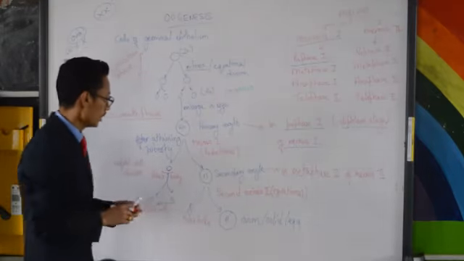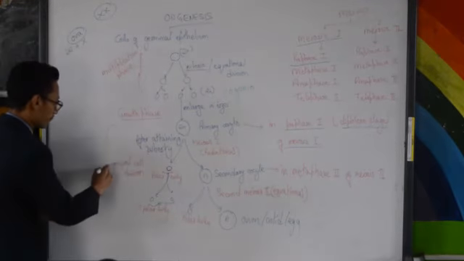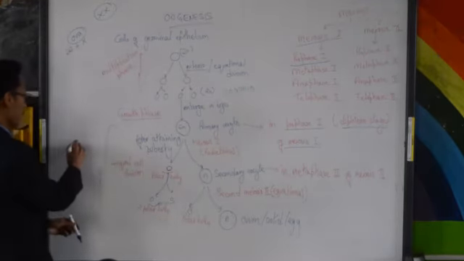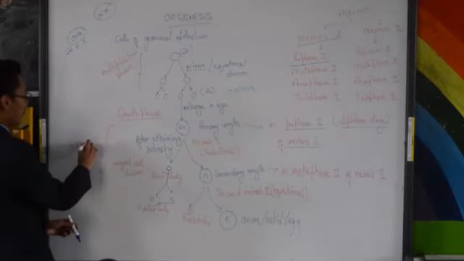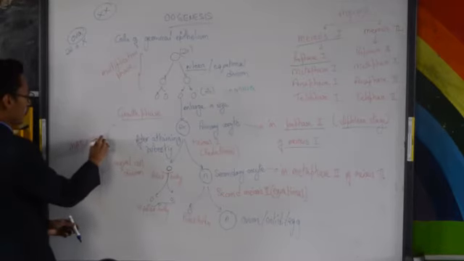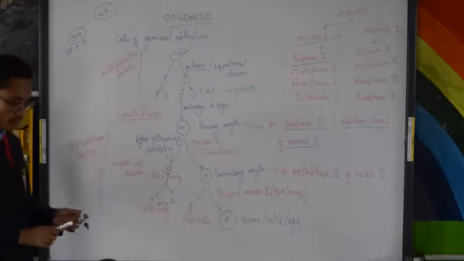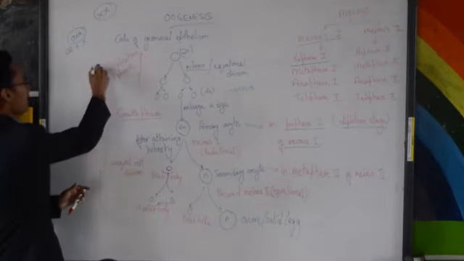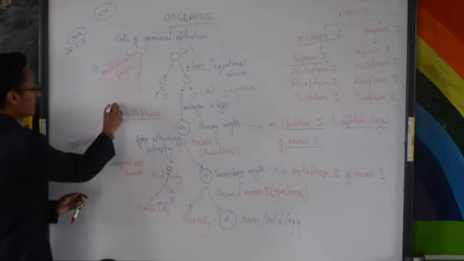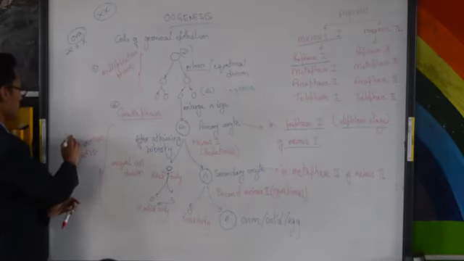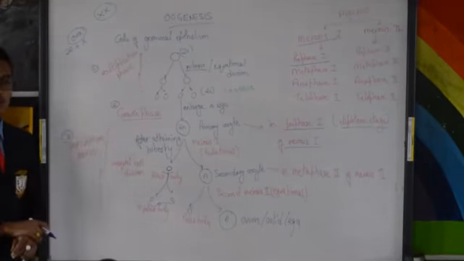So this particular phase is known as the maturation phase. So the first phase is the multiplication phase, the second phase is the growth phase, and the third phase is the maturation phase.